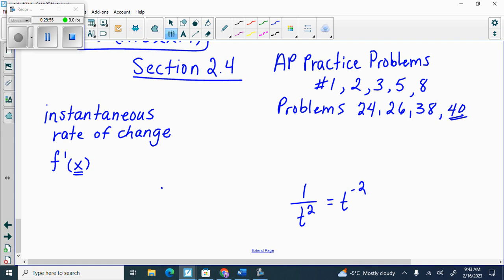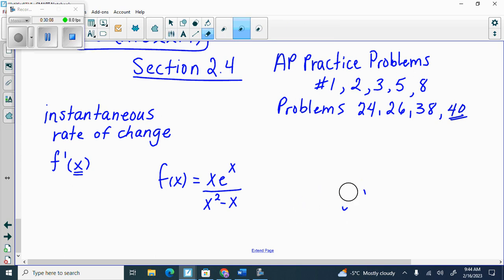40 has f of x equals x e to the x over x squared minus x. So I'm going to have to do quotient rule no matter what, right? It's a no-brainer. That has to happen. So this is my f, and that's my g, correct?